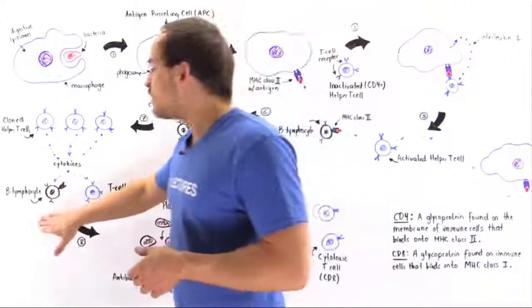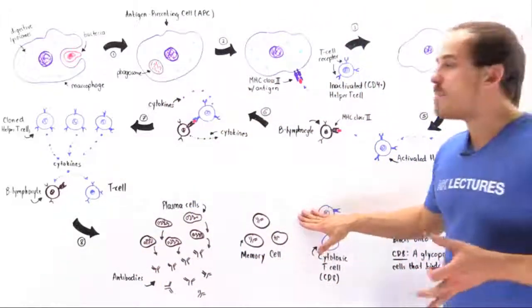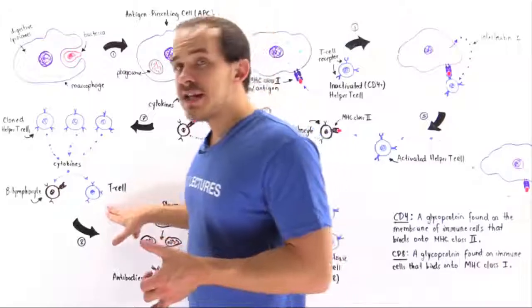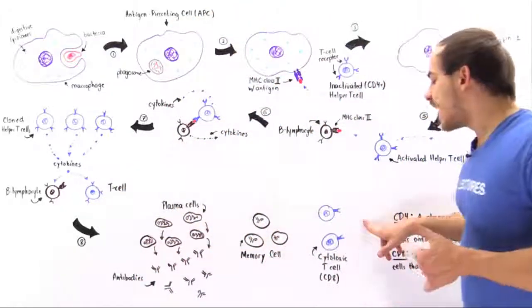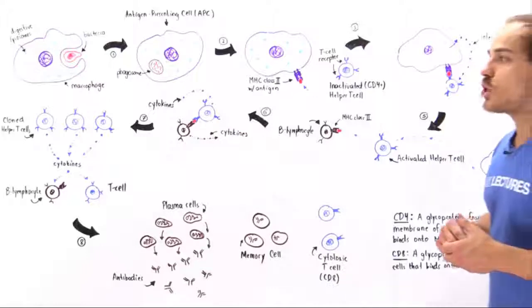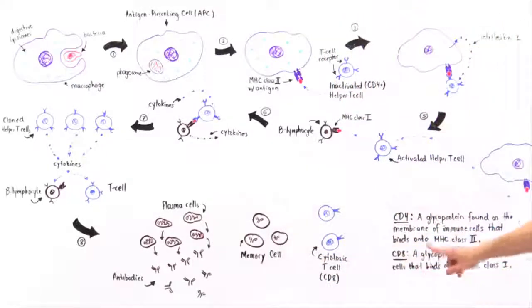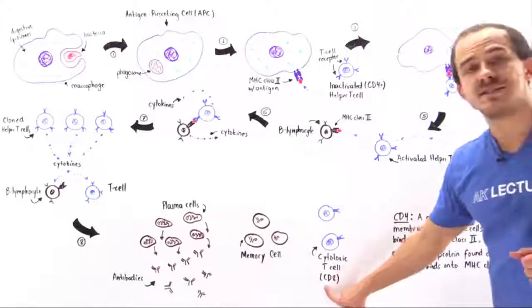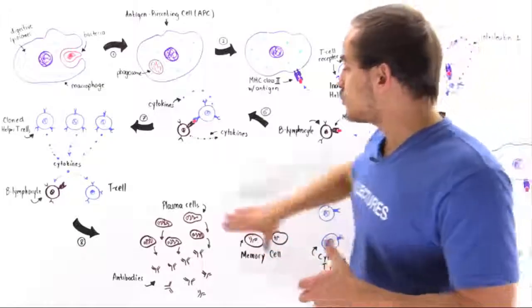So these B lymphocytes produce plasma cells as well as memory cells, while the T cell, when it reacts with the cytokines, produces cytotoxic T cells, also known as killer T cells. And these cytotoxic T cells contain the glycoprotein CD8, and we'll see exactly what that means in just a moment.